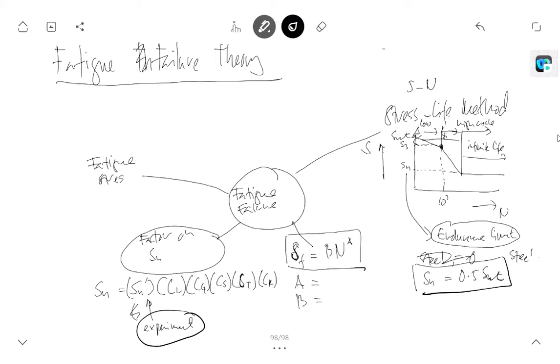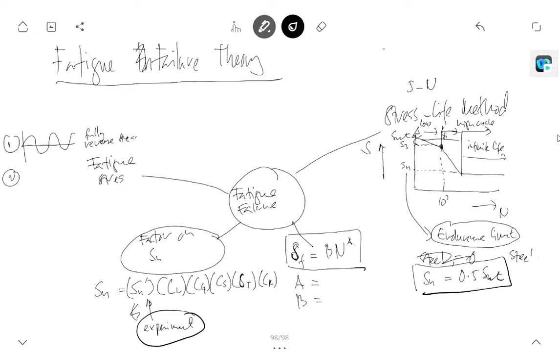We have learned that it has three types of loading. One, fully reversed stress.